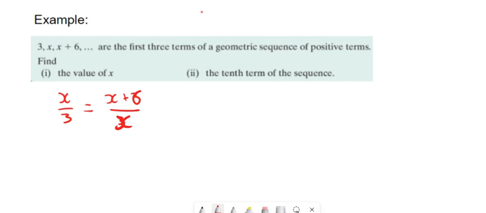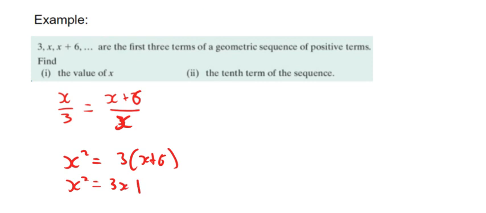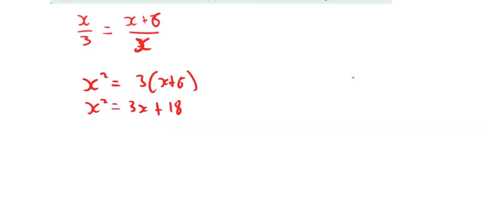Right, so let's cross multiply here then. So x squared is equal to 3 times x plus 6, and then x squared is equal to 3x plus 18. So x squared minus 3x minus 18 is equal to 0. So I could use the minus b formula here, or solve it whatever way you want. It's quadratic now.